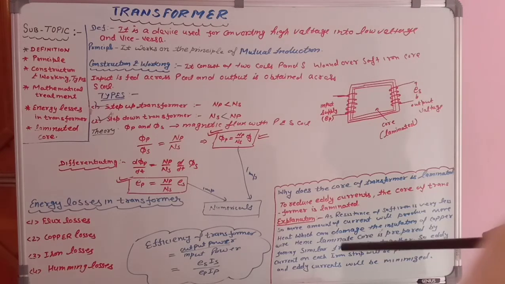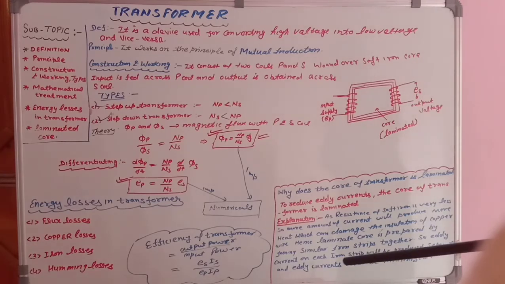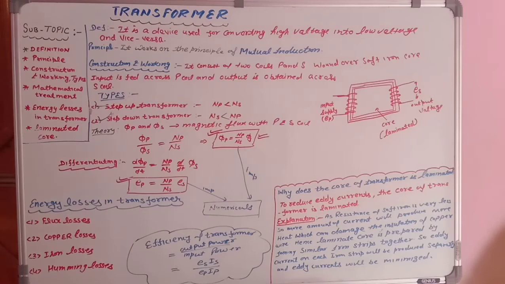So hence we laminate the core by preparing or joining similar iron strips together. As I told you, iron strips को एक साथ जोड़ा जाता है. So the eddy currents in each iron strip will be produced separately. हर एक iron strip में current और eddy currents होंगे, that will be separate, and as a whole it will get minimized. Okay, so this is all about my today's topic, that is transformer.